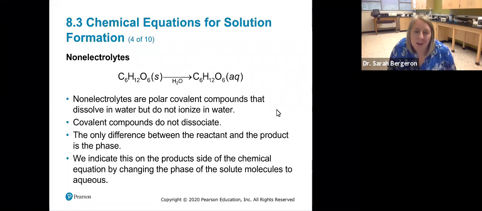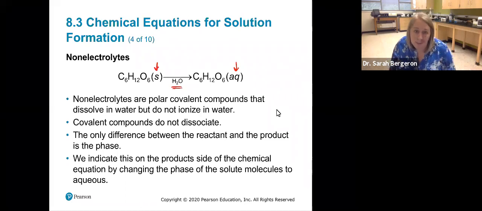Non-electrolytes, these are our polar covalent compounds like sugar. We put a solid, we put it in water, and what do we get out? We get out a dissolved substance. So it is aqueous, but it's not ionized. There are no charges. And so by definition, they don't dissociate. Dissociate means kind of like break up into those ions.